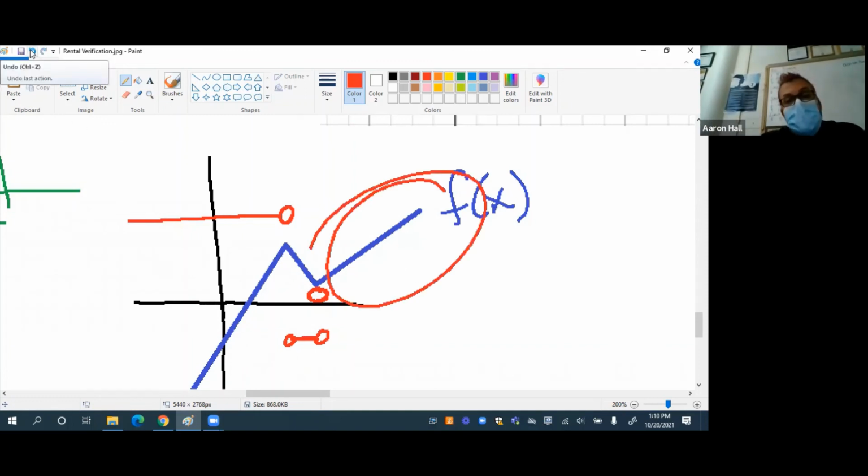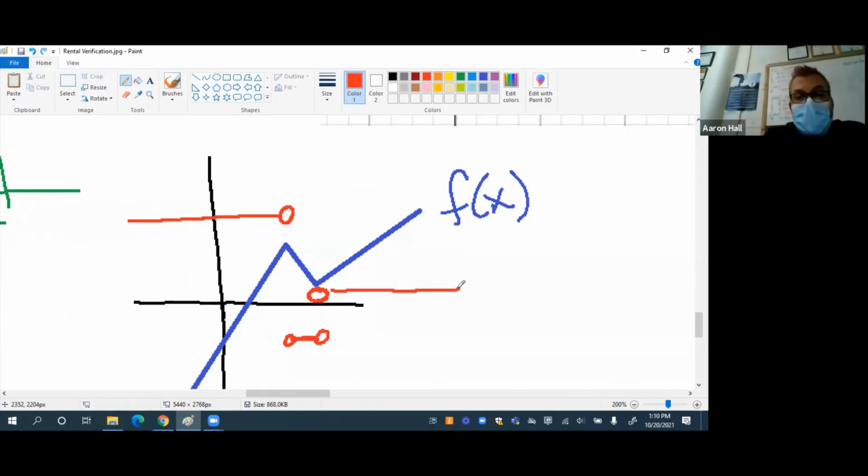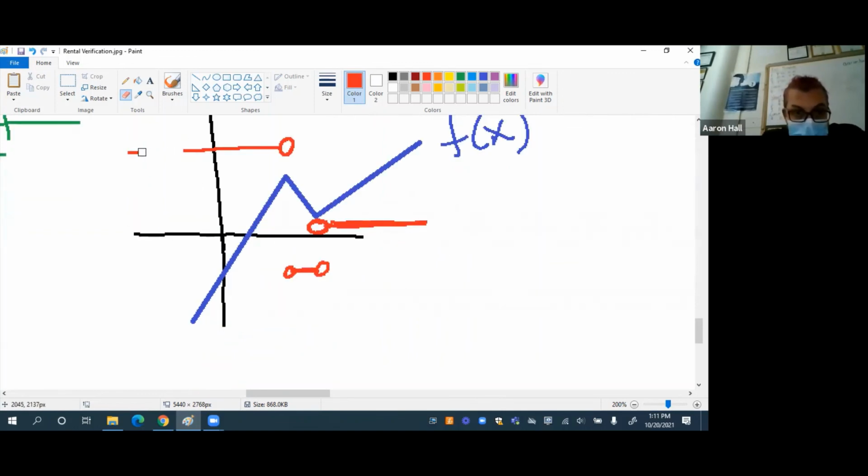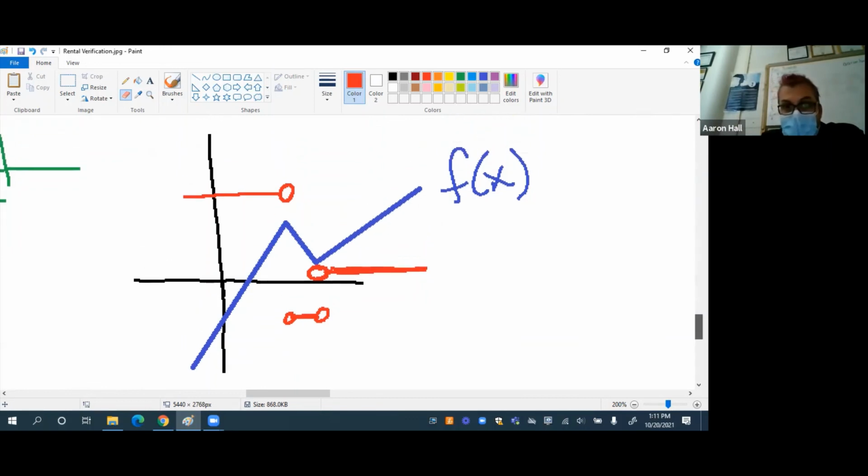Slope is constant and it's positive. Yeah, maybe something like this. I don't know. Maybe it should have been higher, but it should be constant as well. I don't have arrows here, so I guess technically my slope ends there as well. And then the slope here would end as well. All right, there we go.